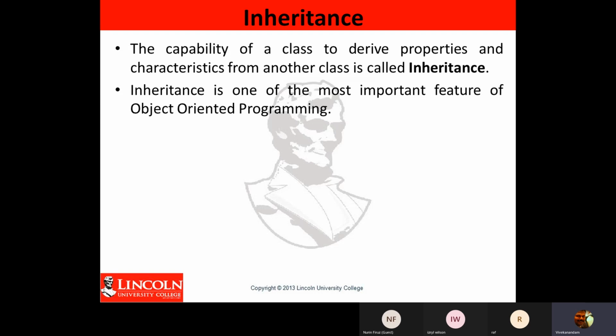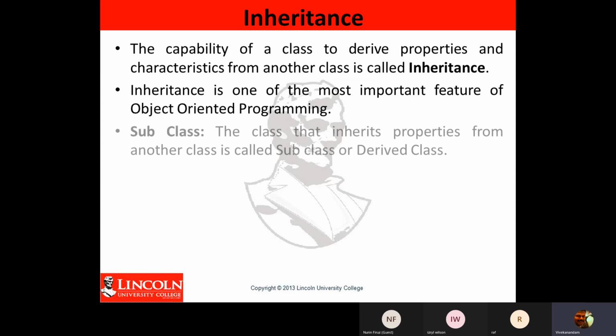Deriving properties and characteristics from another class is called inheritance. Just as some features and characteristics are derived from a parent to children, similarly from one class to another class, that is what we call inheritance. Inheritance is one of the most important features of object-oriented programming.